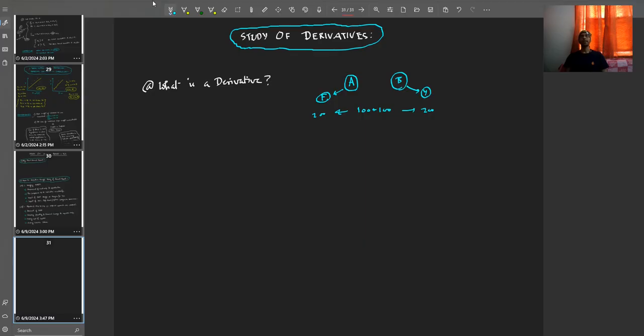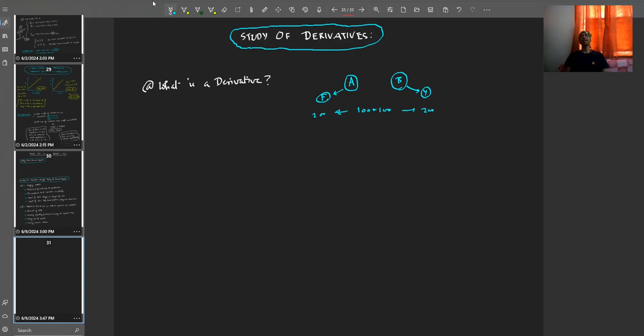Right? So, when we are talking about derivatives, this is basically a very simple kind of derivative, my friends. Because how a derivative is defined, let me tell you. A derivative is basically a financial instrument which derives its performance based on the performance of an underlying. Now, here what is the underlying?